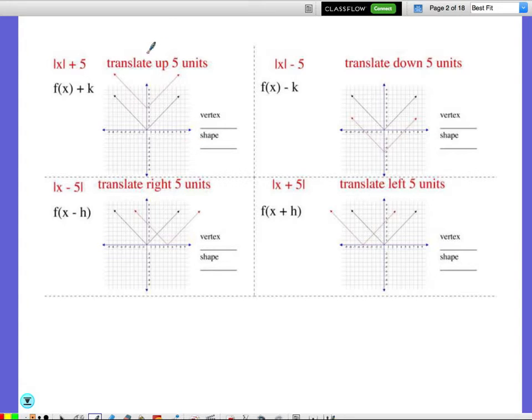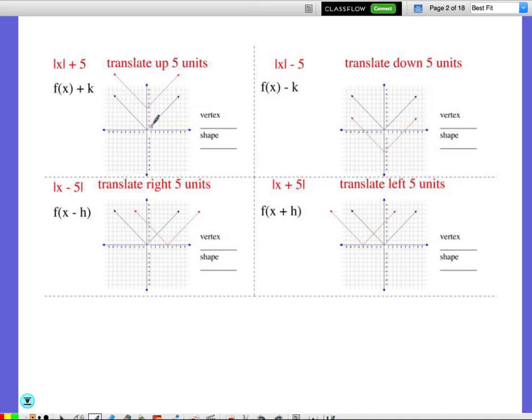Now what we want to do is look at all the different transformations of the absolute value function and take a look at how each of these equations changes the absolute value function.